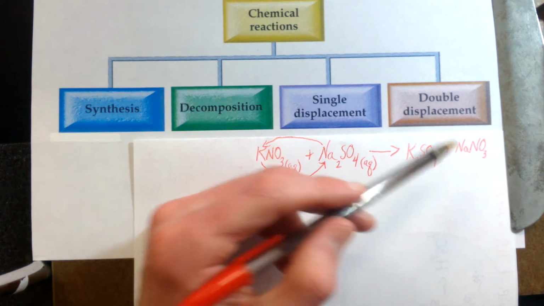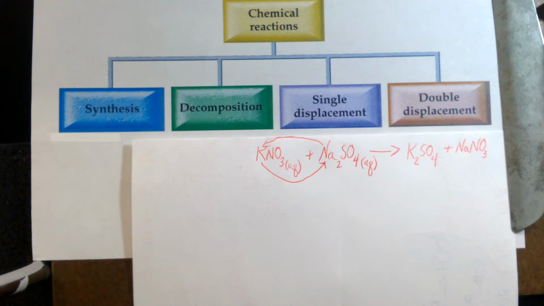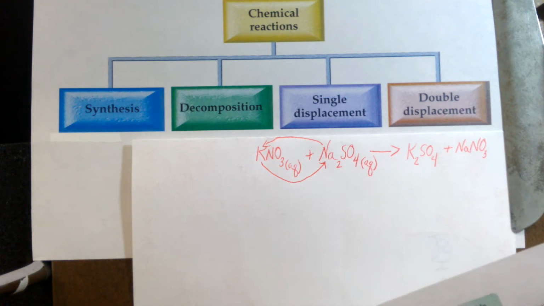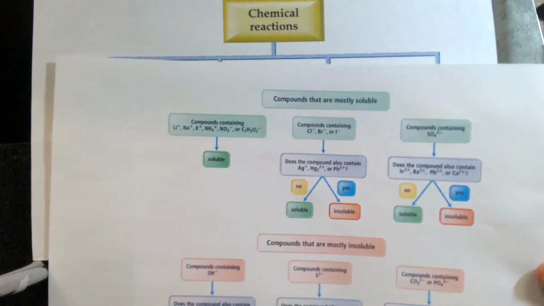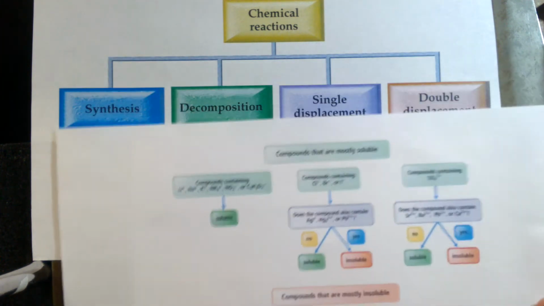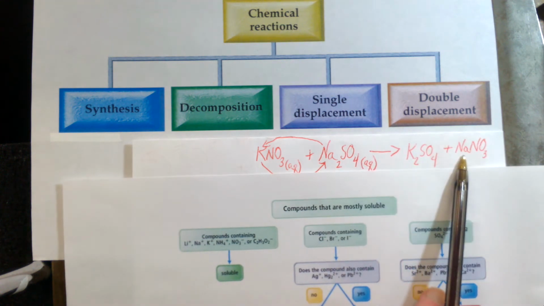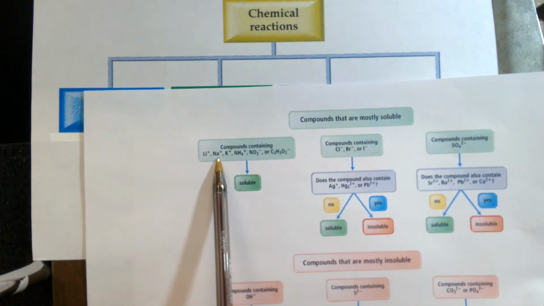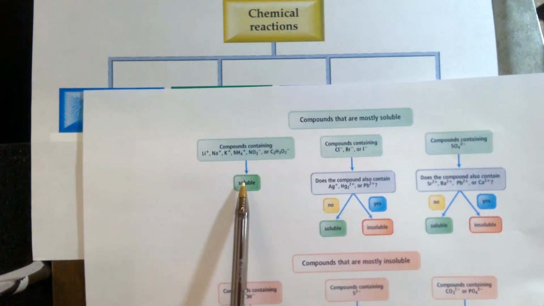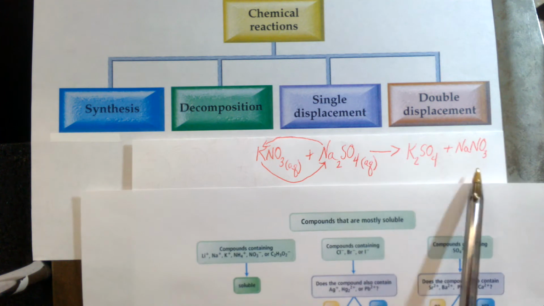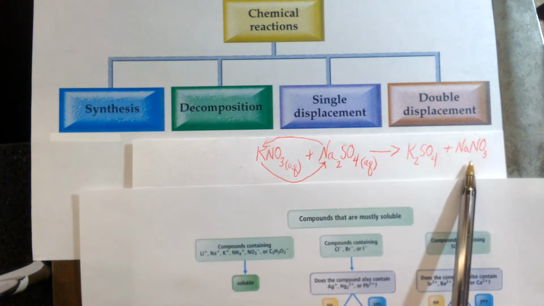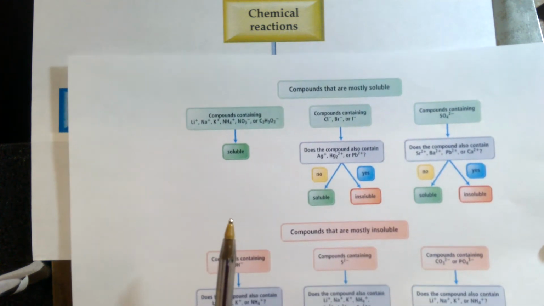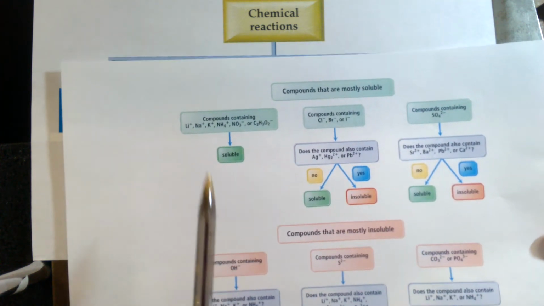But now if one of these is going to be a precipitate, it's going to have to be an insoluble solid. So we need to take each one of these and use our solubility tables. These are found in your textbook. So let's look up these two compounds, the potassium sulfate and the sodium nitrate. Compounds containing sodium and nitrate are all soluble, so this would not precipitate. This would stay aqueous in solution. Now let's look up the potassium and the sulfate.